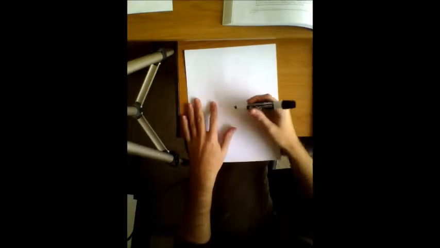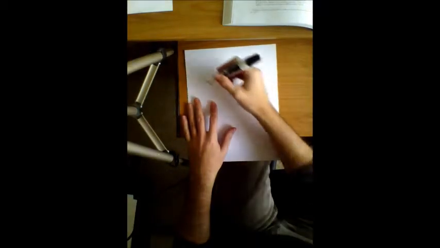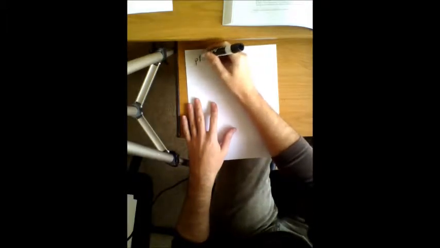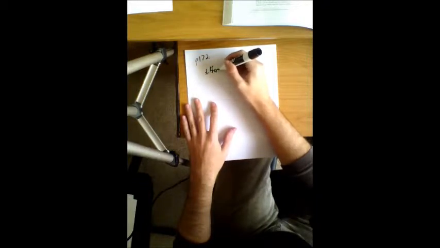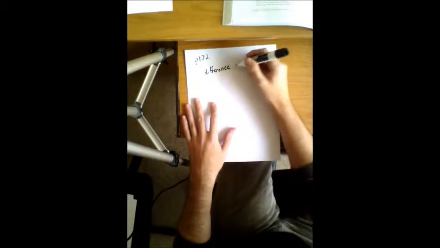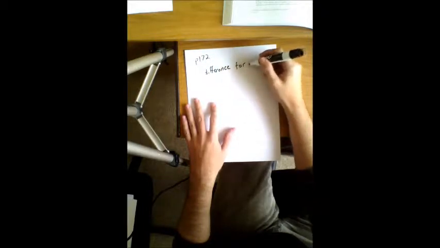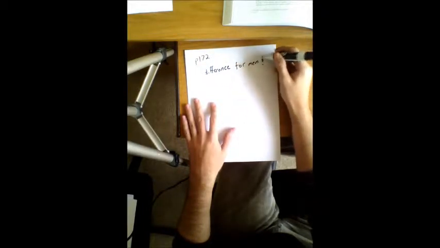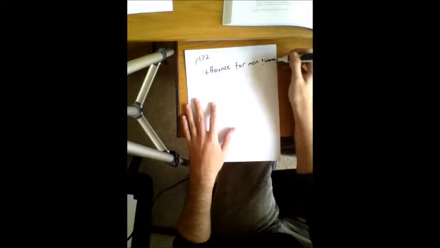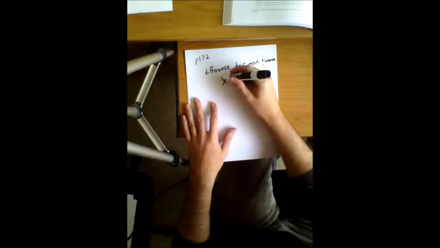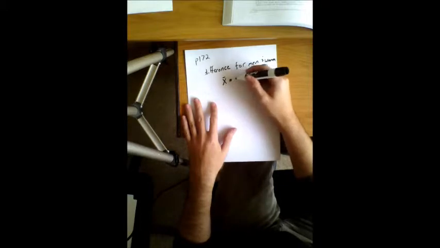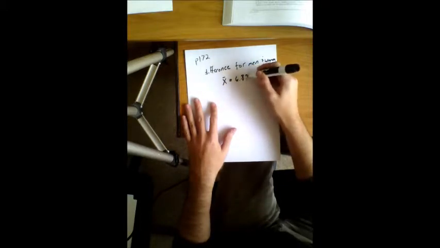Your book goes through this one example, I suppose, on page 172. They tell us that the difference in running times for men and women, this is men minus women, this point estimate that we found is 6.82.